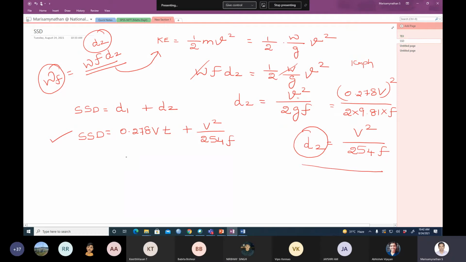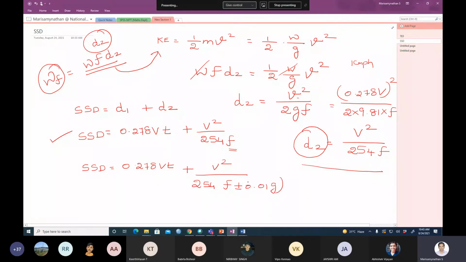In case a gradient comes in, it affects the friction value, so it can be added with respect to the friction coefficient. If the terrain is not plain and you have the gradient value as a percentage, you modify these equations a little bit and apply them: 254 into f plus or minus 0.01 into gradient.